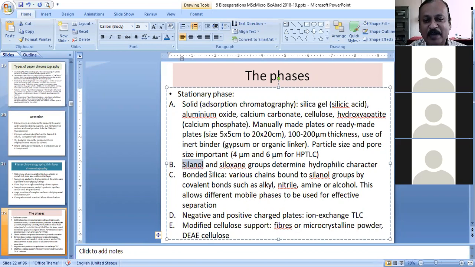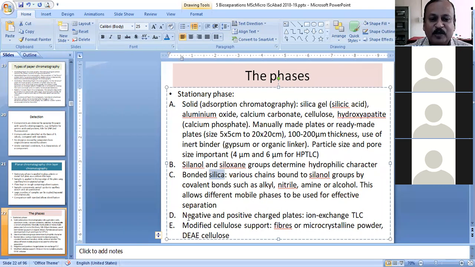Silica itself can be modified by using different kinds of functional groups, for example, alkyl, nitrile, amine, or alcoholic groups can be added on the surface. When these functional groups are added, the properties of the silica change, and these properties help us to bind to the different sample components. That is essentially helpful for the separation of the materials.